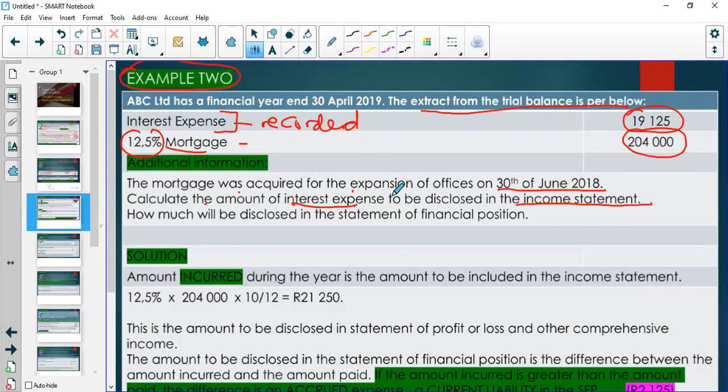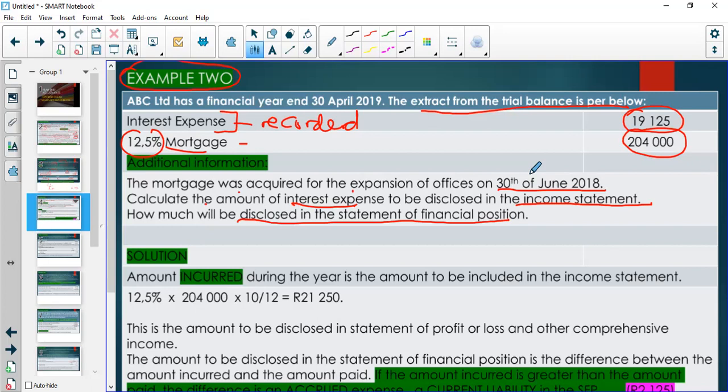And when we disclose an expense in the income statement, we disclose the amount incurred, the full amount we've been charged, whether we paid that amount or not. Then the amount that will be disclosed in the statement of financial position is the difference between what was incurred and what was actually paid.